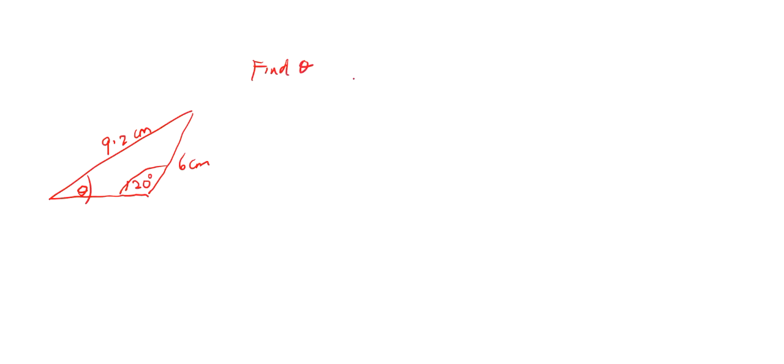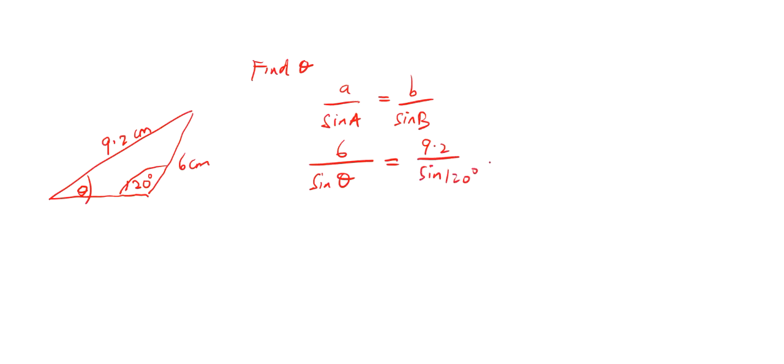Alright, so first thing we do is set up the sine rule, which is a over sine A is equal to b over sine B. Let's use a as 6, and the angle that is opposite would be theta, is equal to b, which is 9.2 all over sine 120 degrees.